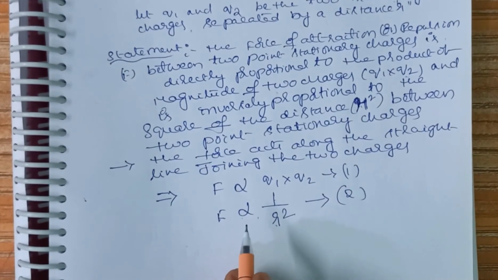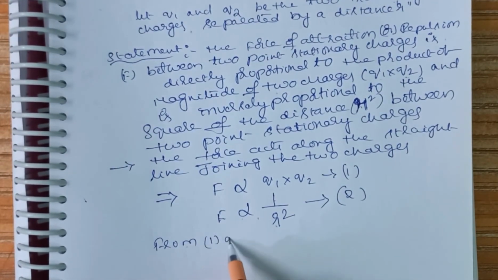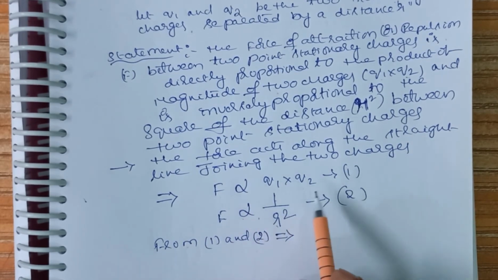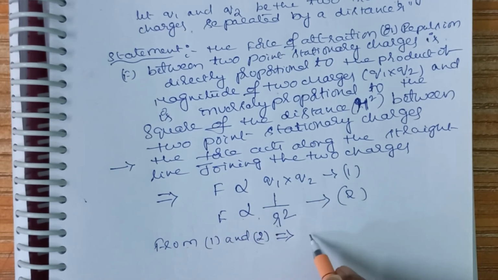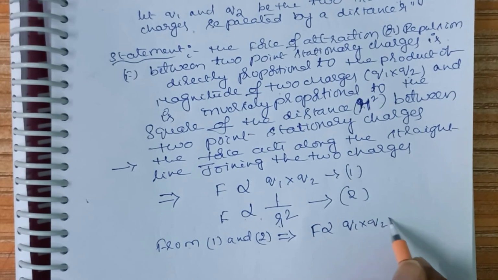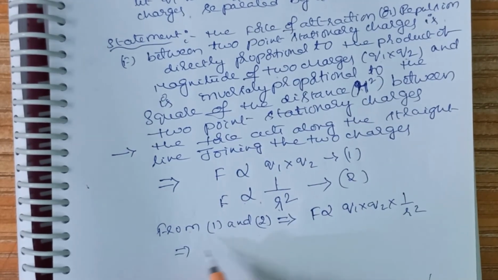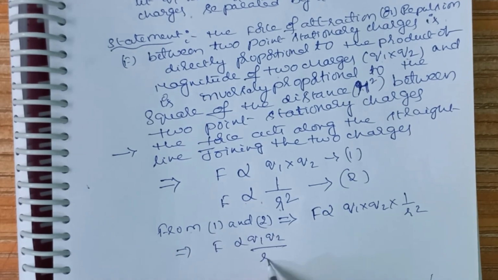So from equations 1 and 2, you can see in both equations F is common and the proportionality symbol is common. So F is directly proportional to Q1 into Q2 into 1 by r square. So this implies F is directly proportional to Q1 Q2 by r square.